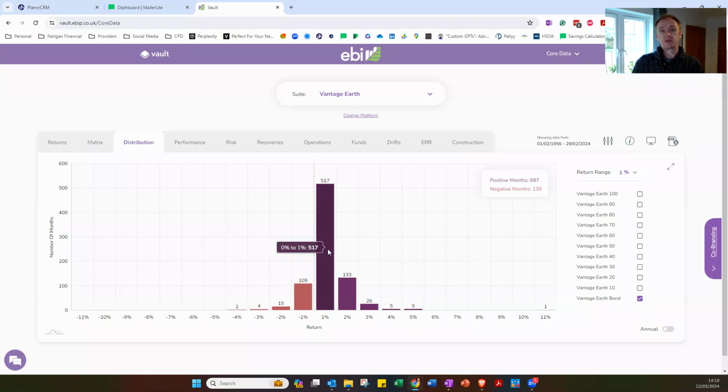But 517 out of the 817 have been in that range of 0 to 1%. So we know when we invest in low risk funds, the volatility, the range of returns, is much smaller, but we're not getting the big upside as well.